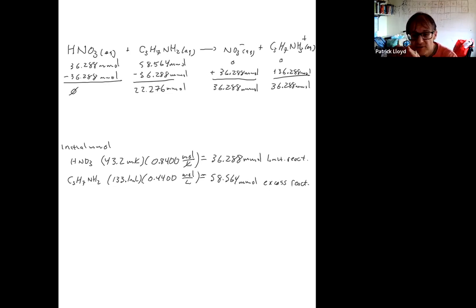Now, here's what we have. We have a weak base. In fact, that weak base has a pKb, bases have pKbs, not pKas, of 3.46. That's a measure of how strong the base is, how basic it will make the solution. Now, what about over here?